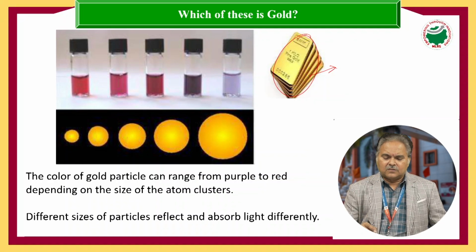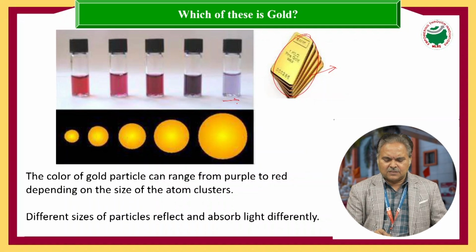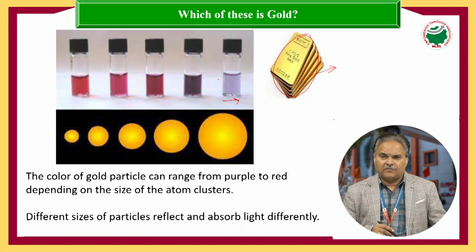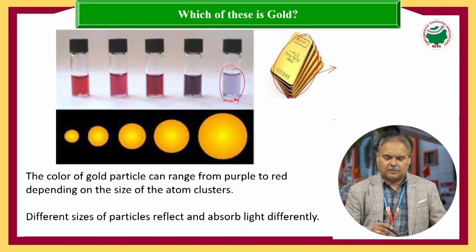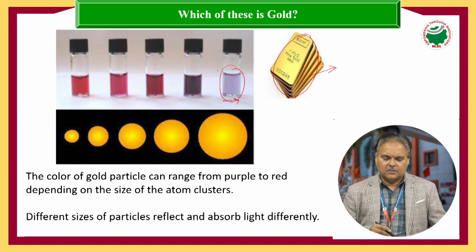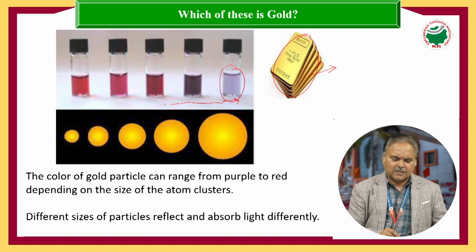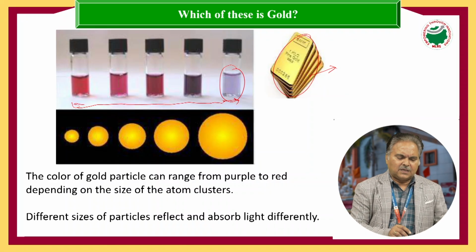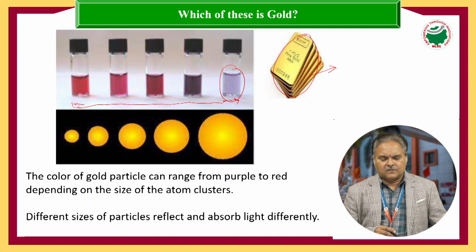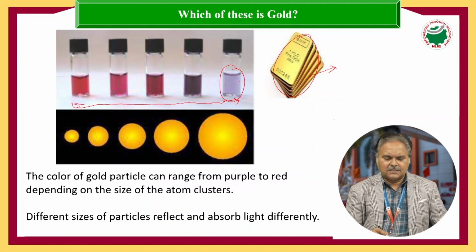So if you make this gold into nano size, then you can see the size changes to a lower size, and the gold color will be different. You can see there is a light blue color. If you go on decreasing the particle size, it becomes red color also. So the particle size decides the color of the bulk material.